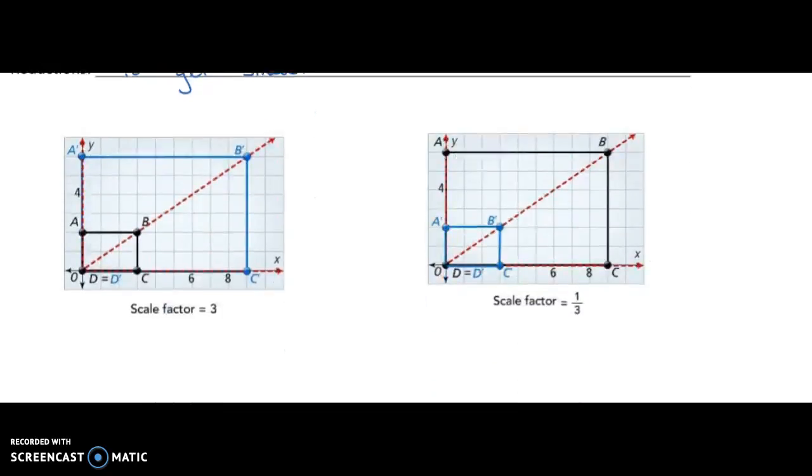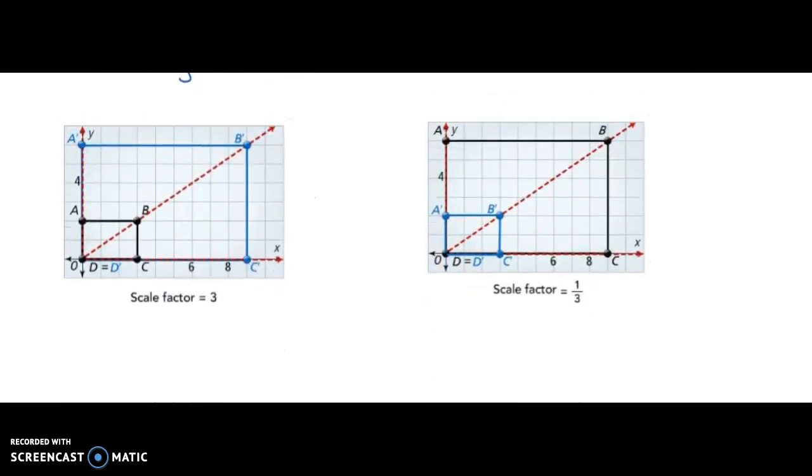So as we're looking at them, once again, if you see this little prime sign right there, then we know that that's our new one. So knowing that it's our new one, we know that the black one is the original, the old one, and we know that this blue one is the new one. So this one must be an enlargement.